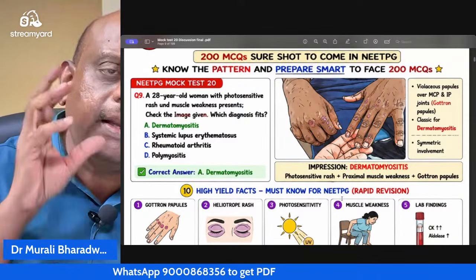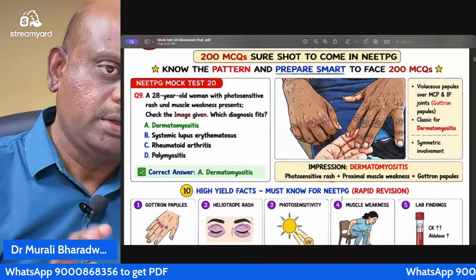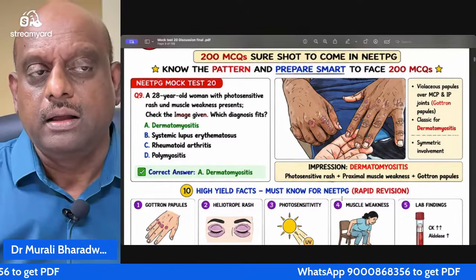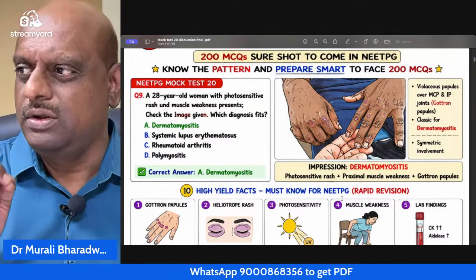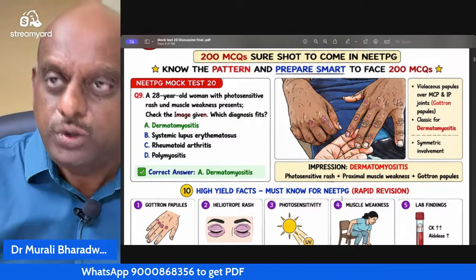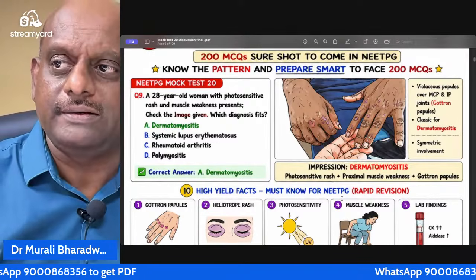Whereas 80% questions are factual when you come to the NEET PG exam. The characteristic feature which points to the diagnosis, you need to catch that. So that is most important, right?